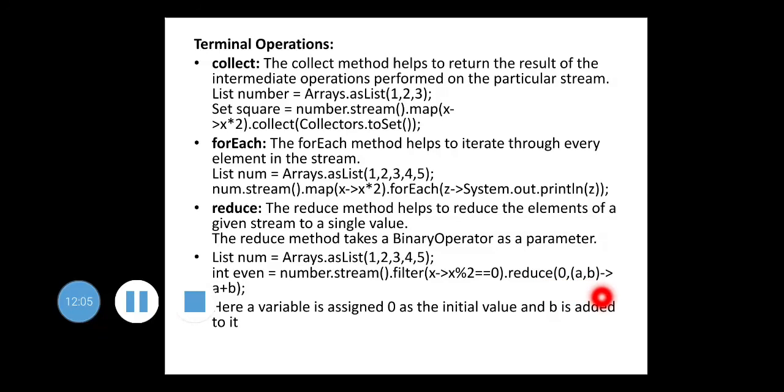After that, a, b means a plus b, that is the first value and the next value are added together, so that it returns the sum of even numbers to the variable even. It is explained here as: a is a variable assigned as 0, which is the initial value, and b is added to it.